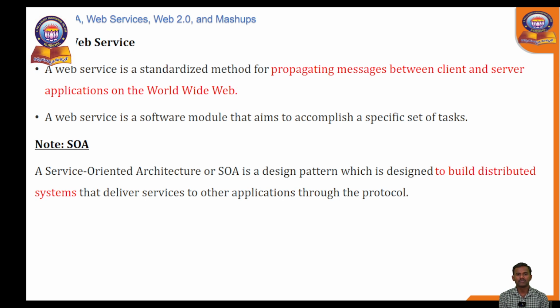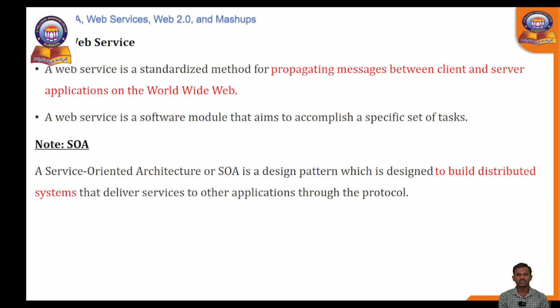The second technology is web service. Web service is a standardized method for propagating messages between client and server applications on the World Wide Web. So we can exchange messages between client and server applications through the internet.